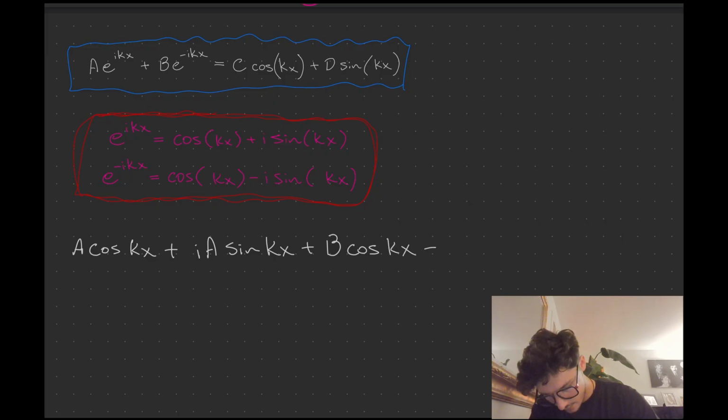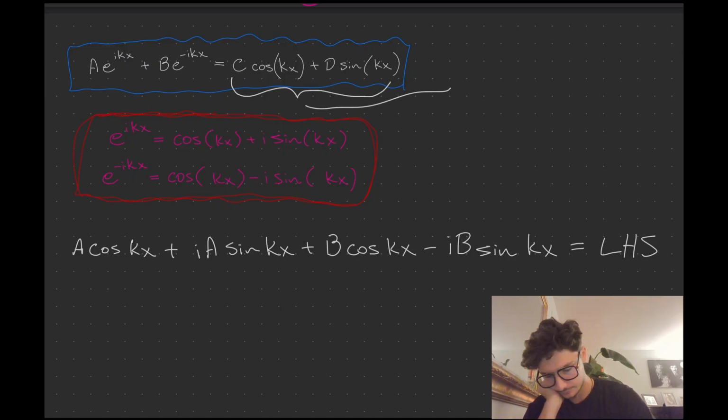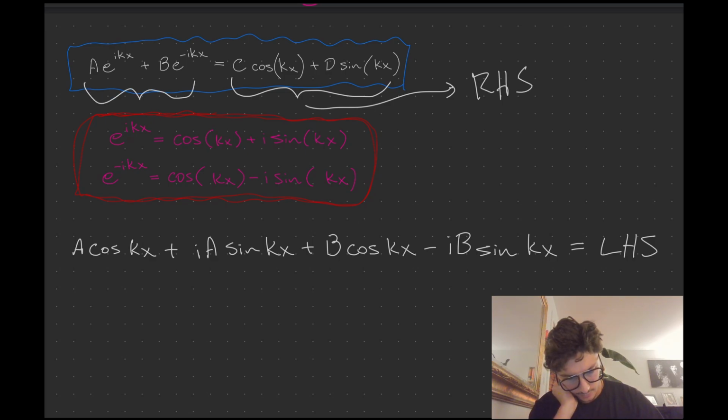And then here we have a minus ib sine kx. Can we do anything here? I guess we can combine things. So you know what? I'm going to do equals left-hand side. This is the left-hand side of the equation. I'm just going to work with this and then combine it with the right-hand side. So right here is the right-hand side. What I've just done is manipulate the left-hand side.